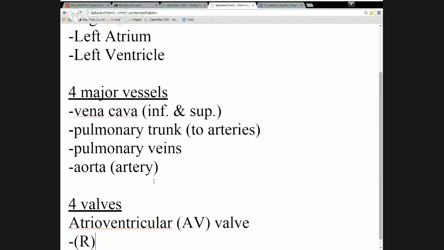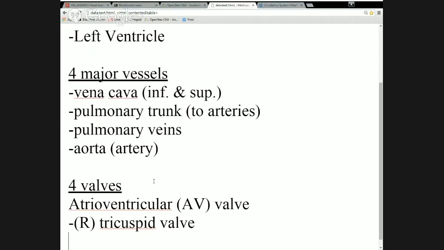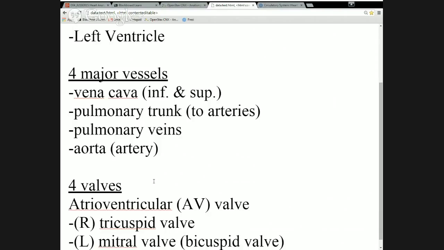On the right side, that is called the tricuspid valve. And on the left side, that is the mitral valve, which is also known as the bicuspid valve, but we call it the mitral valve.